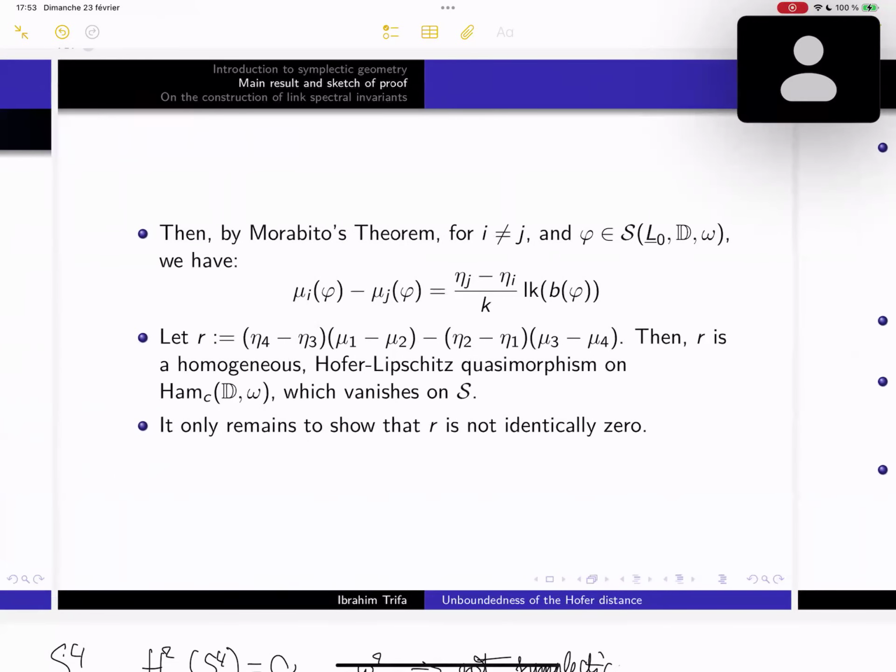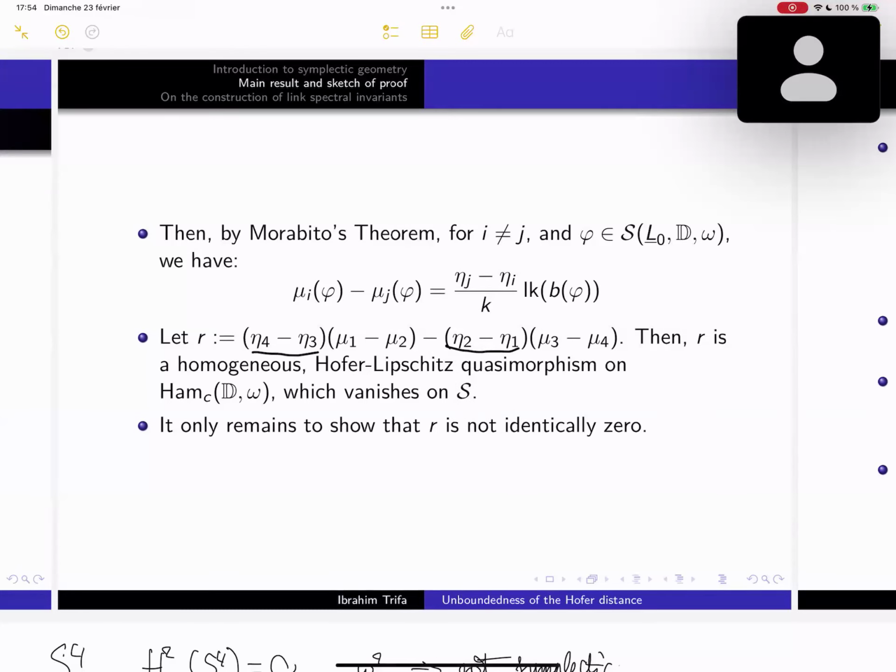So now, by Morabito's results, we know that the difference of those quasimorphisms is determined on the stabilizer of L0. And so if we take a linear combination of those four quasimorphisms with the following coefficients, eta 4 minus eta 3 times mu1 minus mu2, minus eta 2 minus eta 1 times mu3 minus mu4.